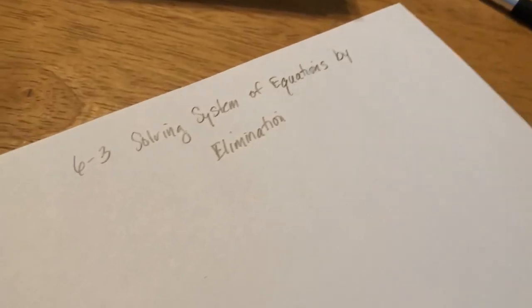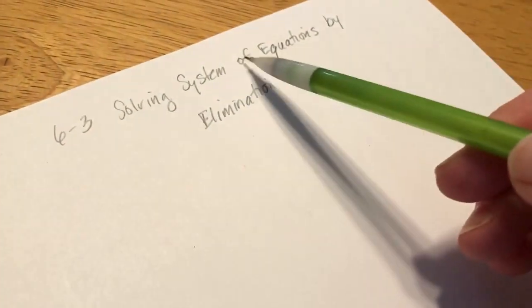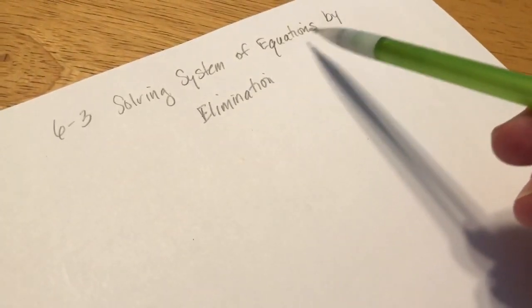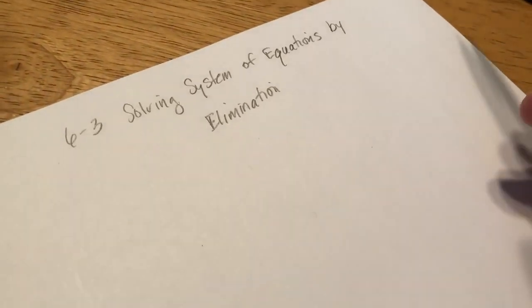The two sections we actually skipped were solving systems of equations by graphing and solving systems of equations by substitution. So we are jumping to elimination.